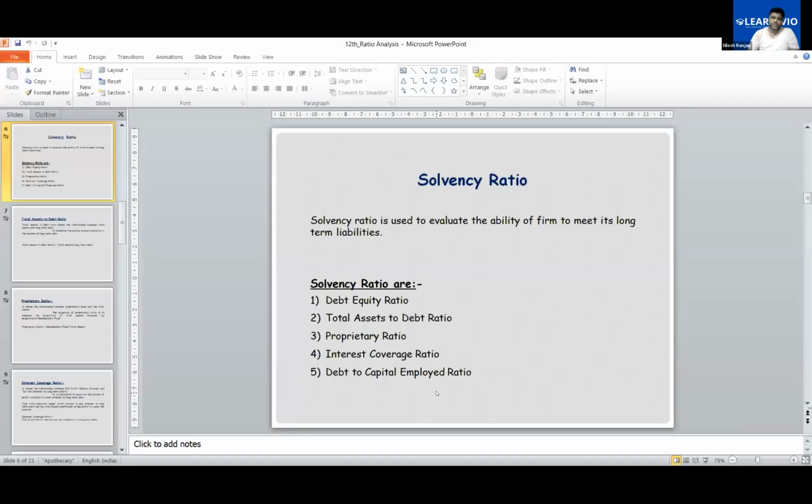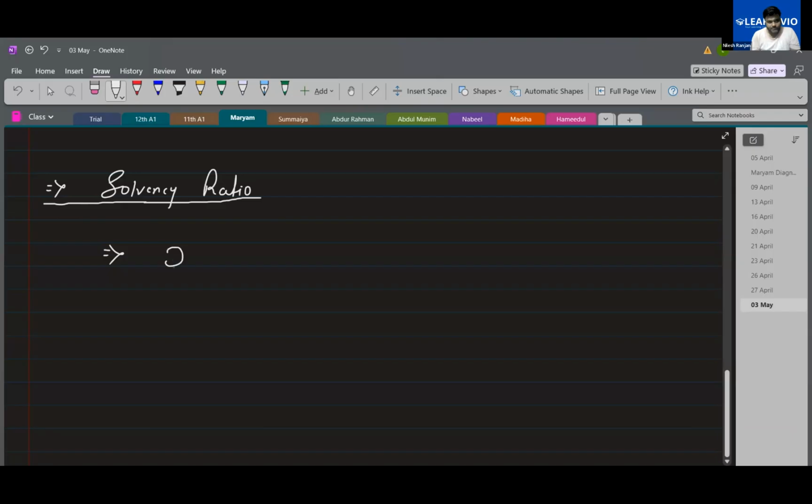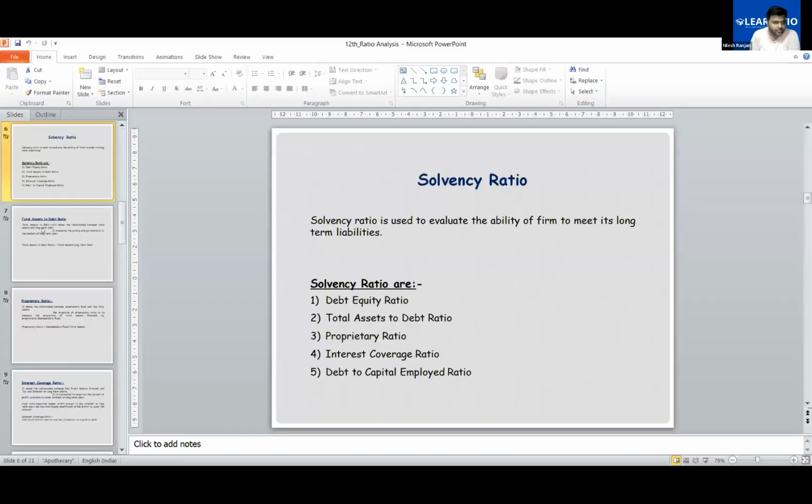Now, these are the ratios that we have to discuss here. First one is debt equity ratio. Here, debt does not mean debtors, so don't get confused. Debt means long-term borrowing.